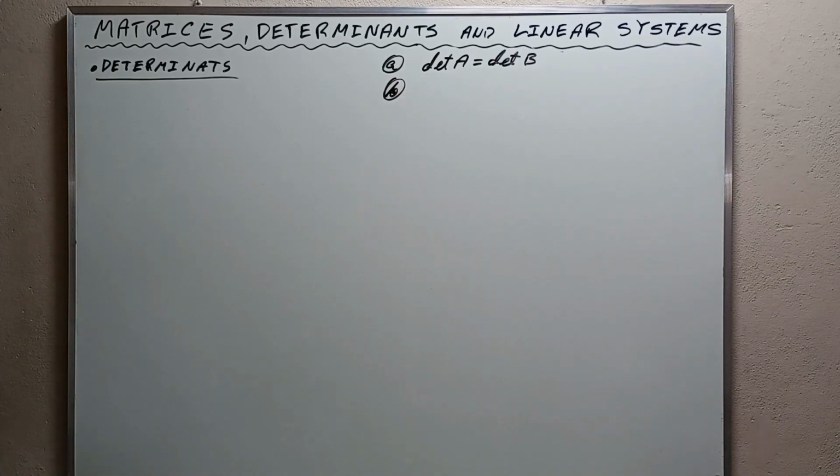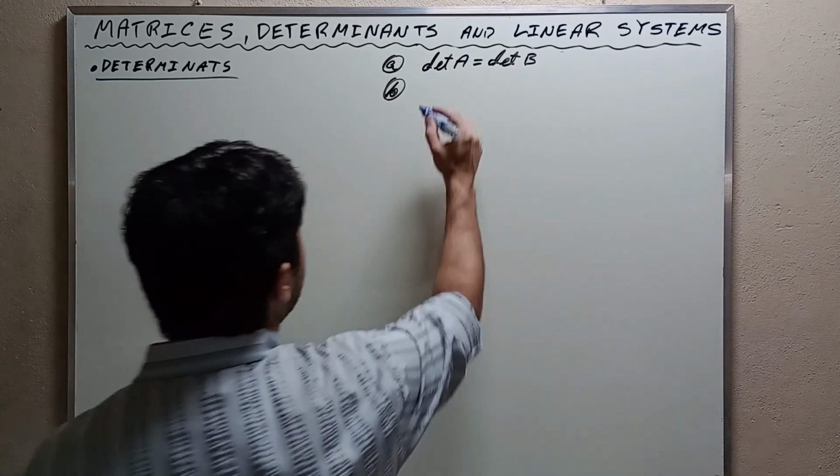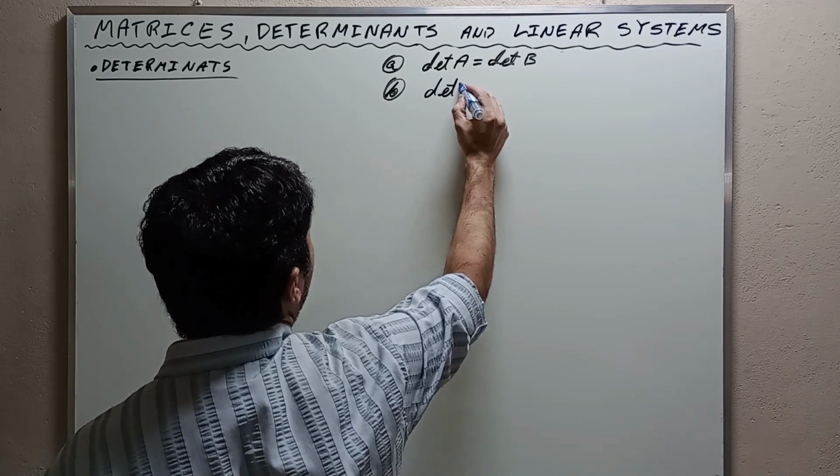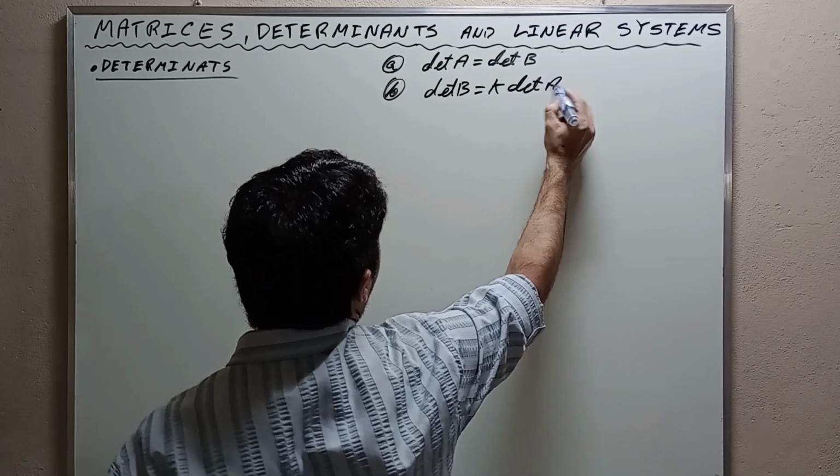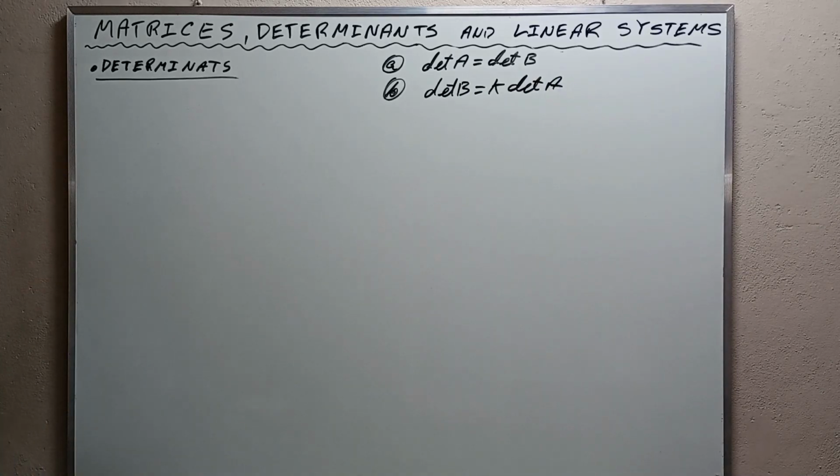If one row of A is multiplied by a scalar to produce another matrix, and we are calling it matrix B, then the determinant of B is equal to K times the determinant of A. Okay?